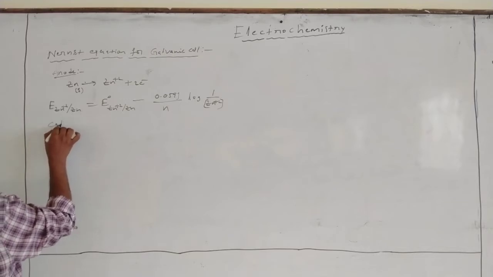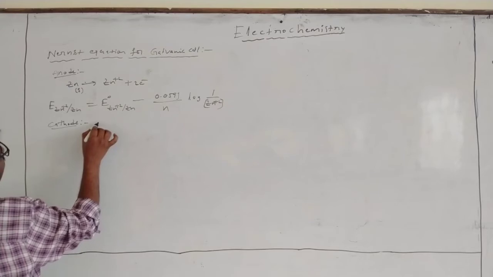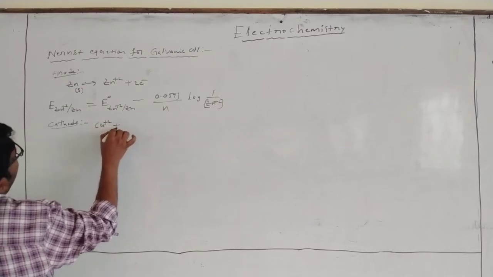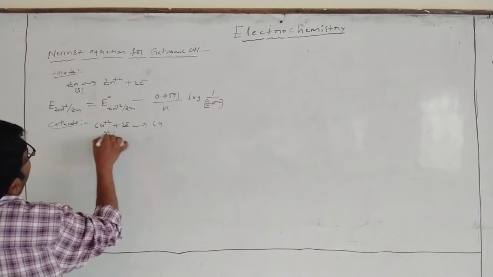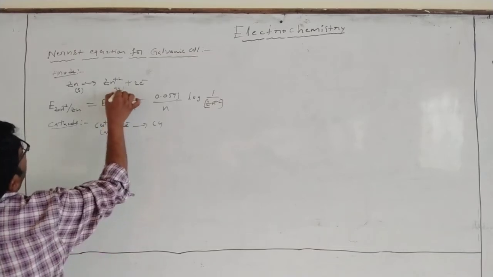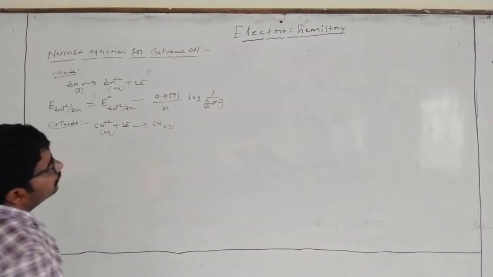For the cathode, Cu plus 2 gains 2 electrons, it gives what? Cu. Cu plus 2 is in aqueous state, and Cu is in solid state, copper metal.